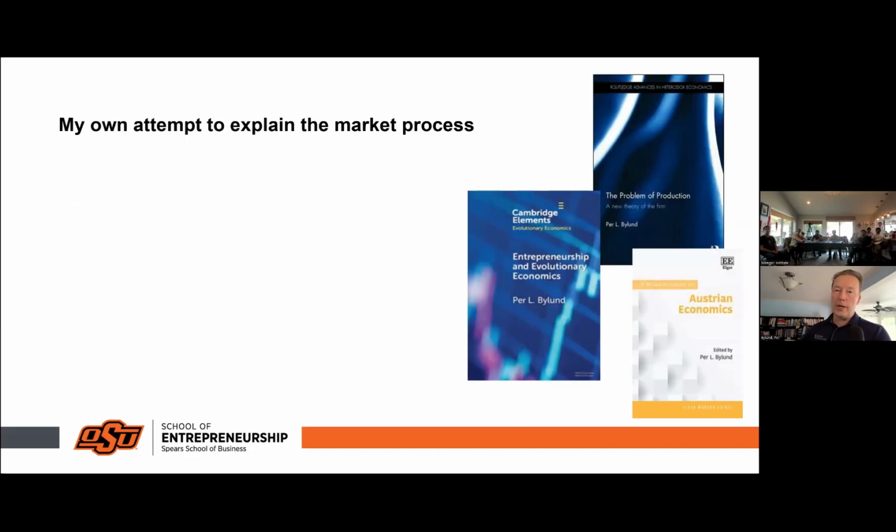So this is what I've tried to do to simplify it a little bit in several of my books. So my latest one is the light blue one there, Entrepreneurship and Evolutionary Economics, which is positioned as a critique of evolutionary economics. So evolutionary economics is a semi-mainstream attempt to draw from Schumpeter, but they completely misunderstand value, and they think that what matters is technological inventions.